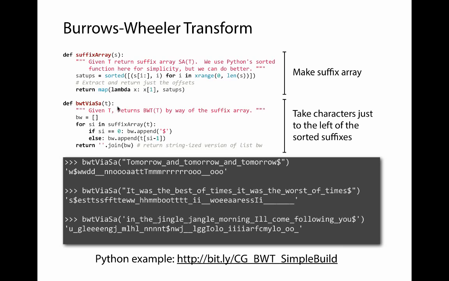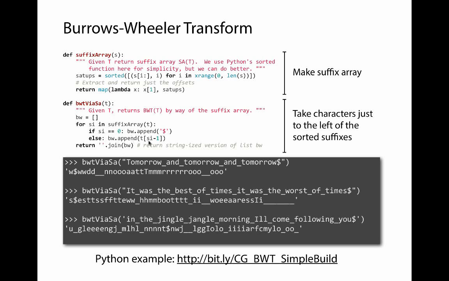And now here's a new function that also, like the function I showed you before, calculates the Burrows-Wheeler transform of the string t, but this time it does it via the suffix array. It initializes a new array where it's going to hold the Burrows-Wheeler transform. Then it iterates over all the elements of the suffix array. In the special case where the element is 0, it's going to append a dollar sign.